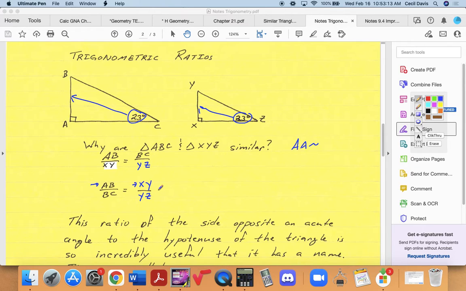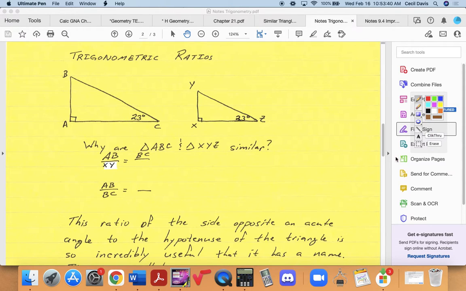They are the hypotenuse in each of their respective triangles. Does it matter that this triangle is a lot smaller than this triangle? No. These ratios are going to be the same. So it turns out that for any right triangle with a 23-degree angle, the ratio of the side across from the 23-degree angle to the hypotenuse is going to be the same. This is the basis for trigonometry.